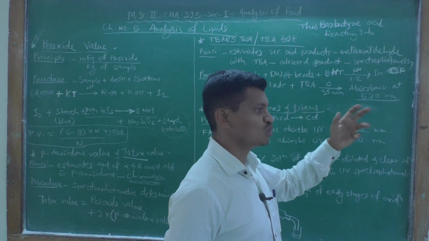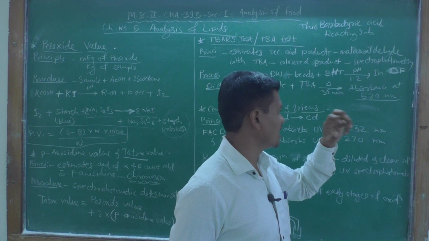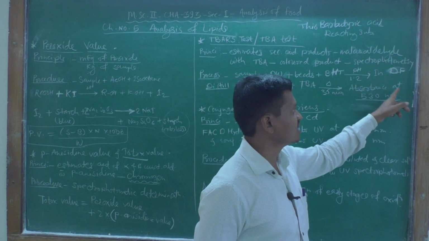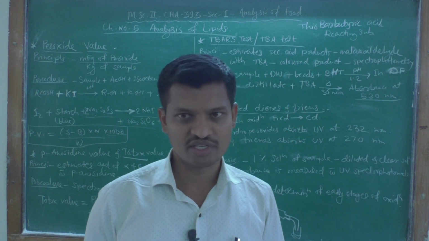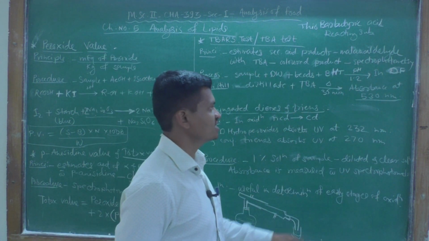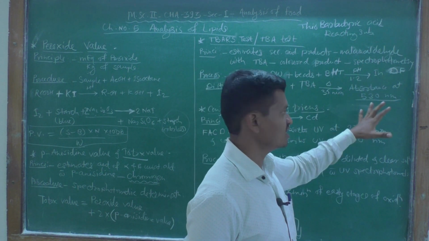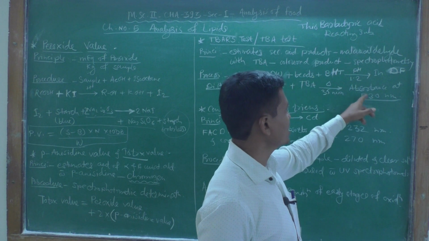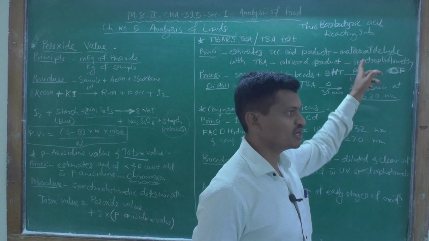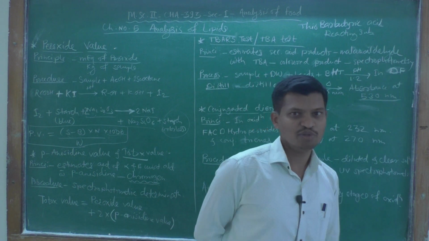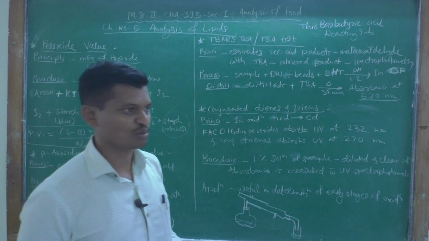The resulting solution, after heating, is then diluted and its absorbance is measured at about 530 nanometers. No doubt this range is in the visible region of the electromagnetic spectrum, so all these products are colored products. They can be identified using spectrophotometric determination or a visible spectrophotometer.